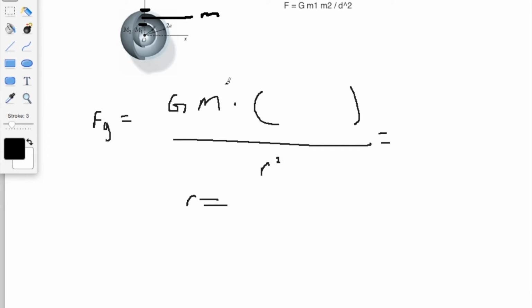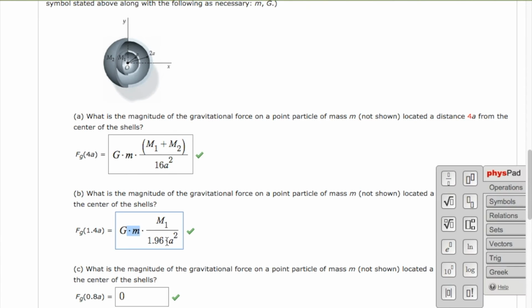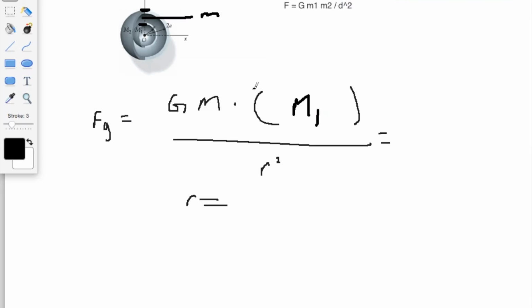So the only thing exerting a gravitational force on it is m1. So just m1 here, and then the radius, it tells you 1.4a. 1.4 squared is 1.96. So that's how I got this answer. And the G and the m are the same because you need those, right?